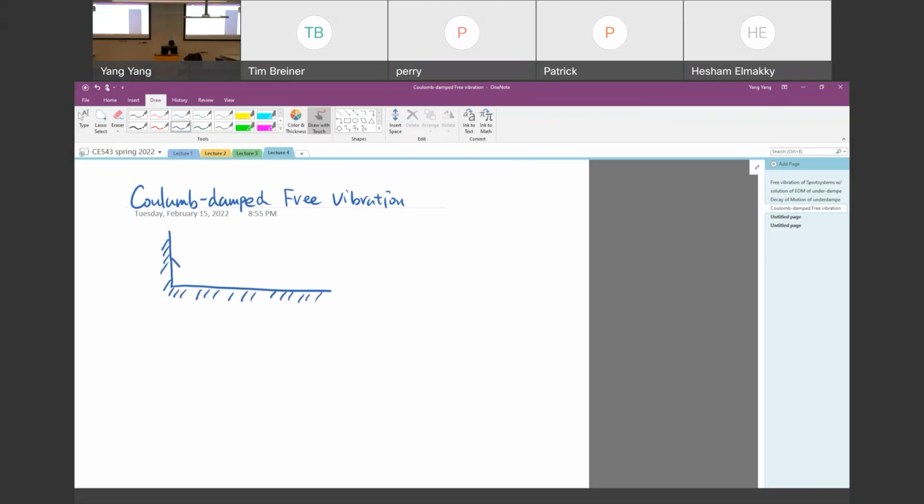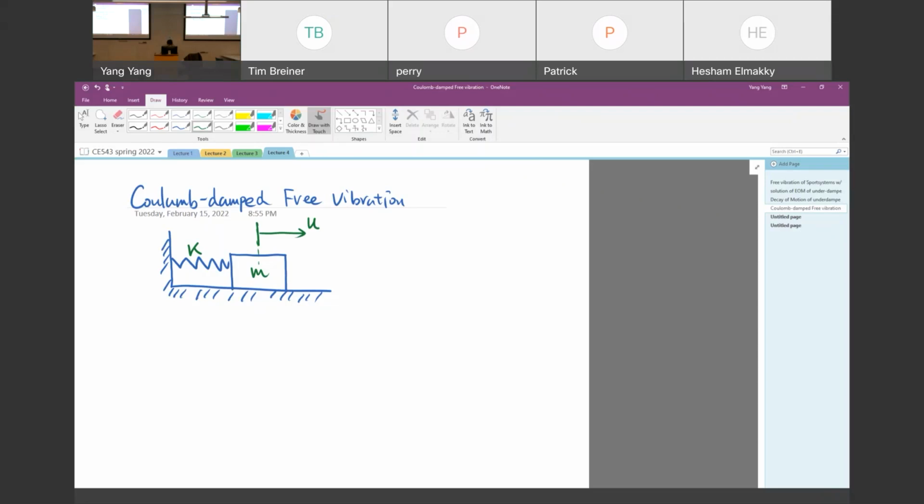For example, if we have a spring mass system here, and this is the positive direction of the displacement, the floor or the ground comes with some friction force.